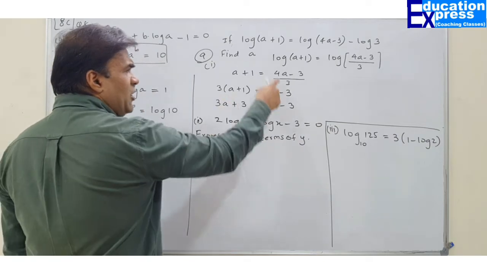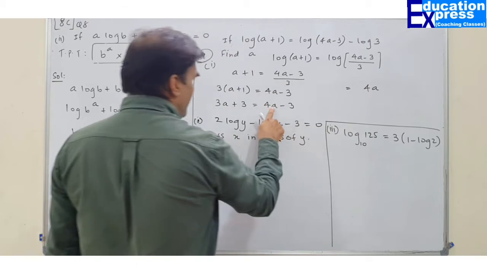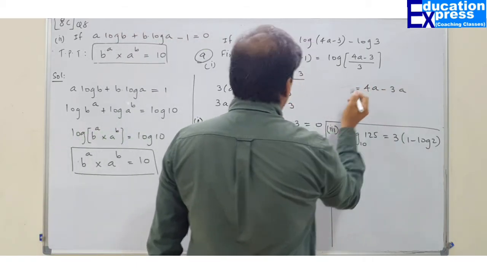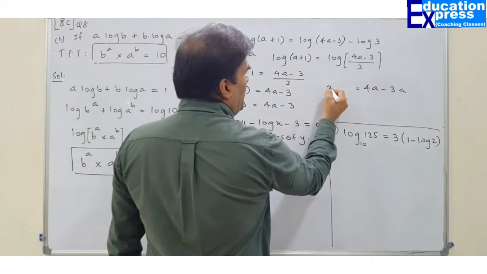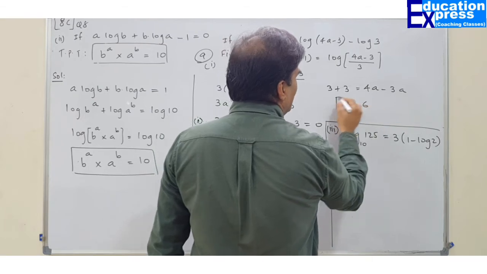Bringing terms across, it becomes 4a minus 3a, which will be equal to 3 plus 3. So a is going to be 6.